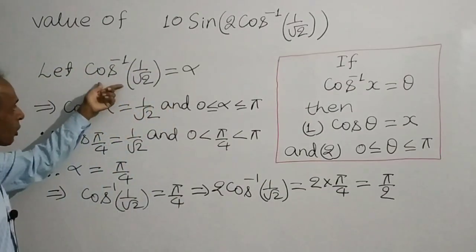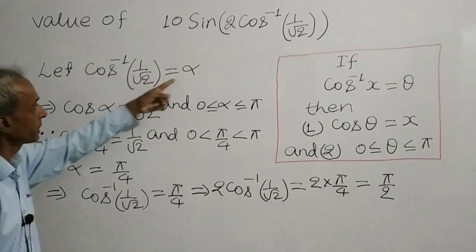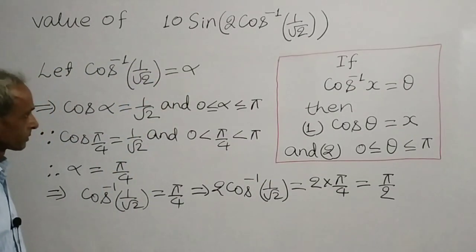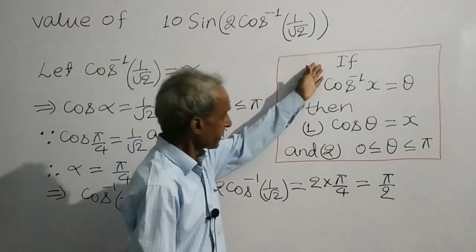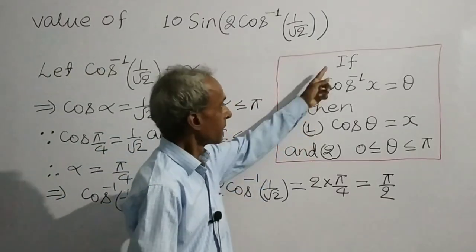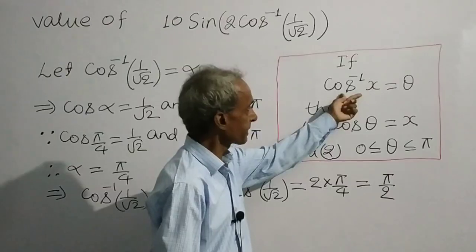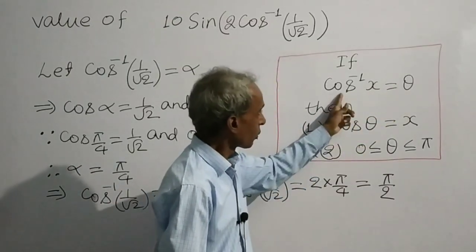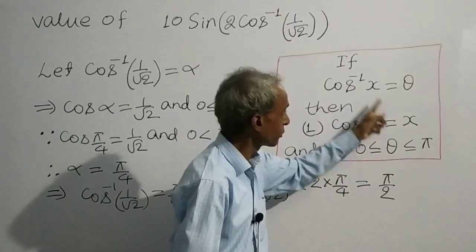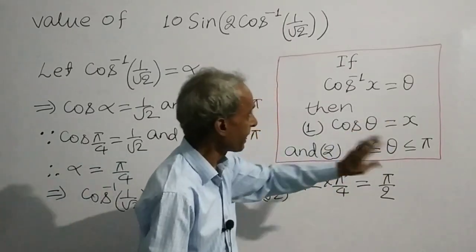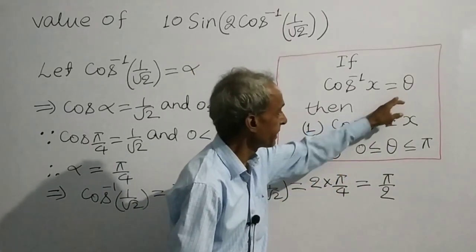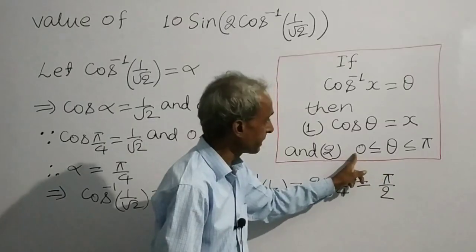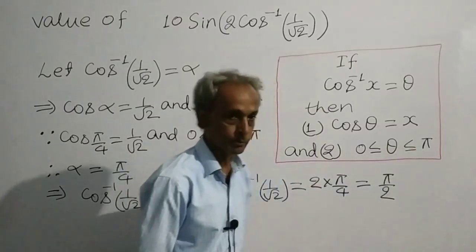We suppose cos inverse 1 by root 2 is equal to alpha. This is the formula: if cos inverse x is equal to theta, then cos theta is equal to x, and this angle theta lies between 0 and pi.